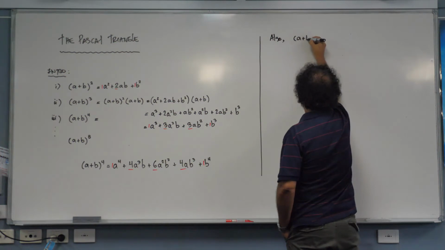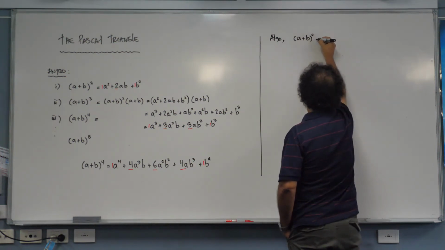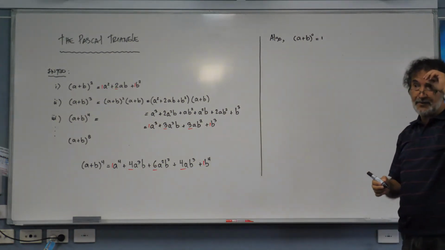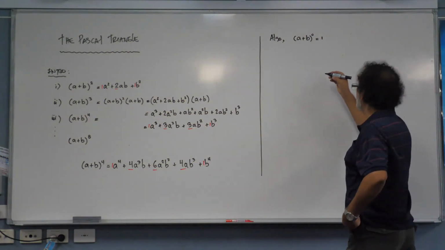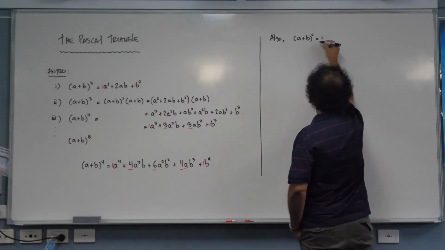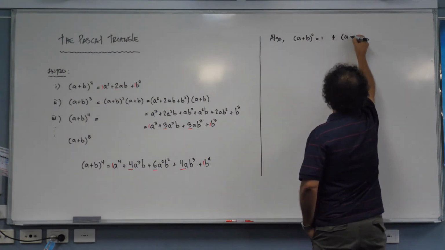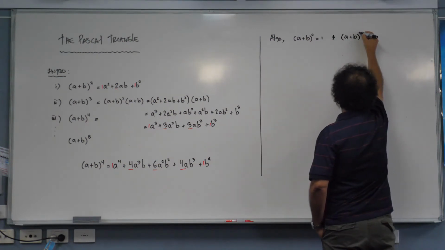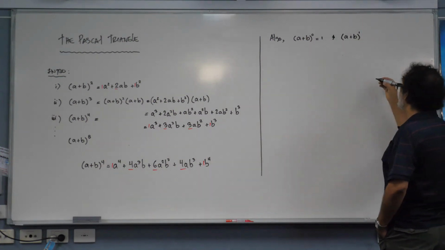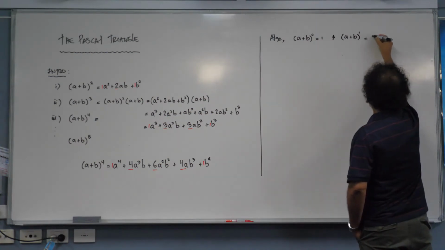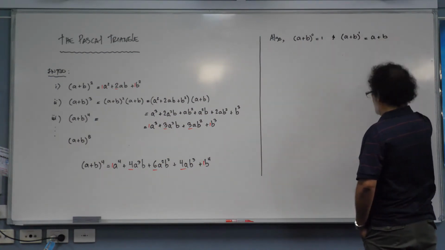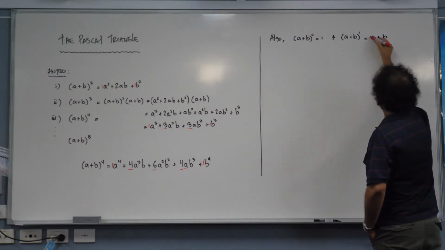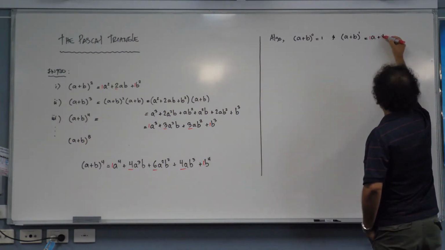Also, very, very important, (a plus b) to the power of 0 is equal to just 1. And (a plus b) to the power of 1 is equal to just a plus b. And in here we have 1, and here we got 1.